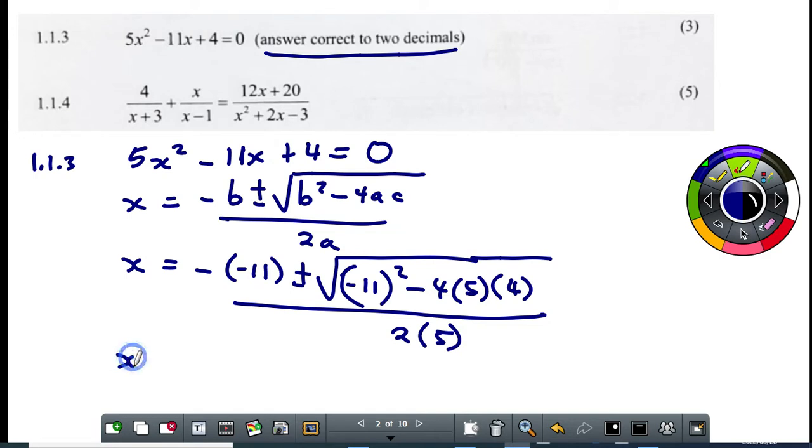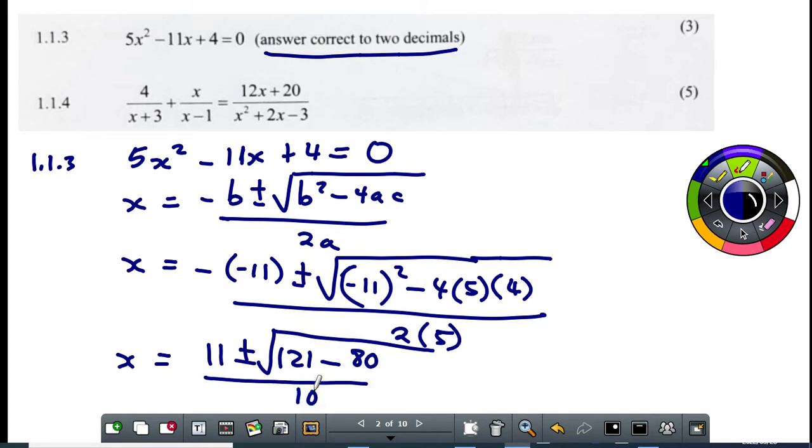Then let's simplify. So we get positive 11 plus or minus the square root of 121 minus, that's 20 times 4, that's 80. This is all over 10. Okay? Now, the number inside the square root, 121 minus 80, will give you 41. 41 is not a perfect square.